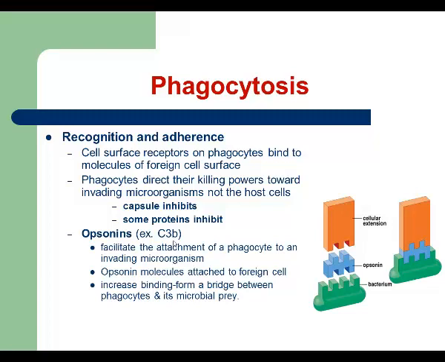So basically, they play the role of a bridge between phagocytes and pathogens. If you look at this picture on this slide, this is our opsonin. This is a phagocyte, the orange one, and the green one is some kind of bacterial cell.